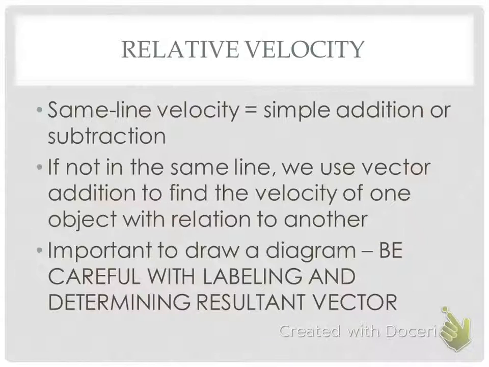So relative velocity gets into a little bit tricky diagrams. And when I say tricky diagrams, I mean picking out what the resultant vector is is a little bit trickier with these problems, just with the way that they're worded. And your book, I don't think, does a great job with this. They try to put lots of subscripts with each of our vectors, and I think it's a little bit more confusing than it needs to be.